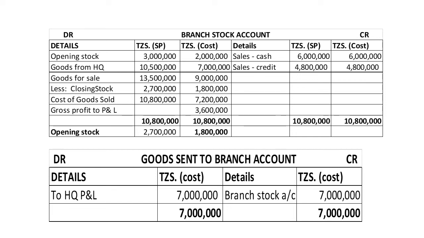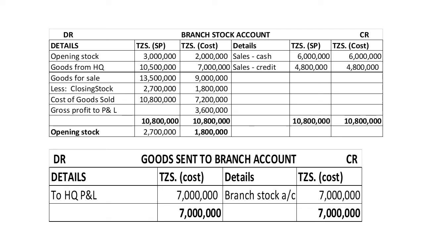So if we make a comparison between the debit selling price and the credit selling price, we see that there is no loss. We sent items at selling price, we expect that the goods sold is 10,800,000, and exactly the same is what is obtained from that branch.